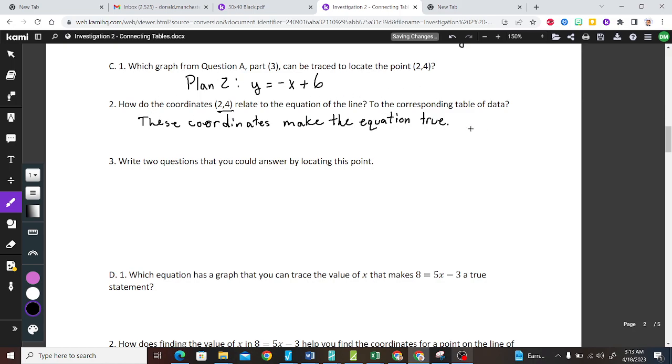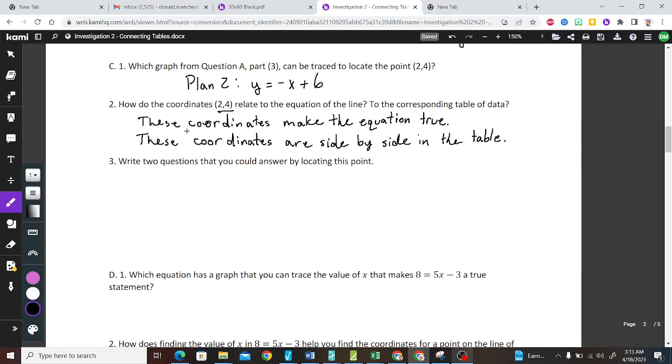How do they relate in the table of data? These coordinates are side by side in the table. That's how we found them.